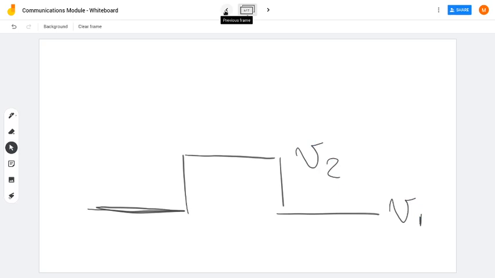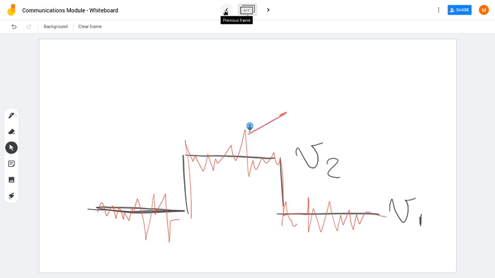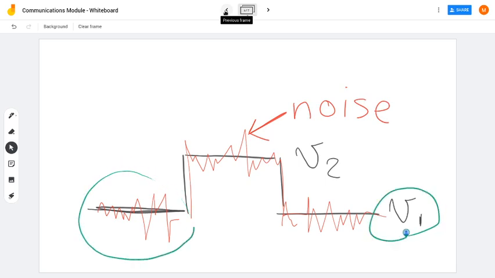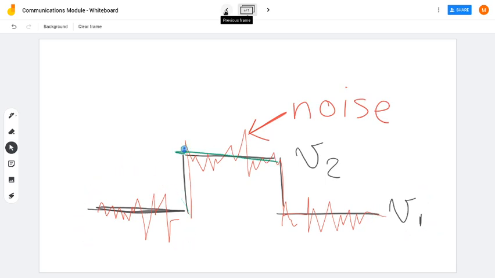If we have noise superimposed on this signal, the red signal over here is the noise, even though the signal is contaminated with noise, we can clearly see that this level is still V1. And we can clearly see that this level is still V2.